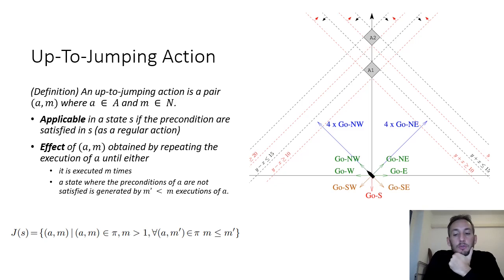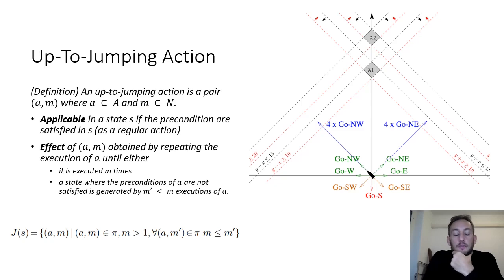We execute this action when it is deemed executable. Its execution goes up to the point in which either the number of repetitions is saturated or the preconditions of the actions are not satisfied anymore.